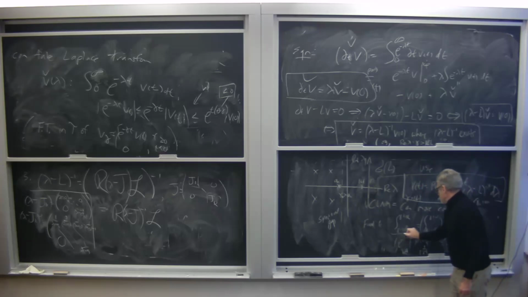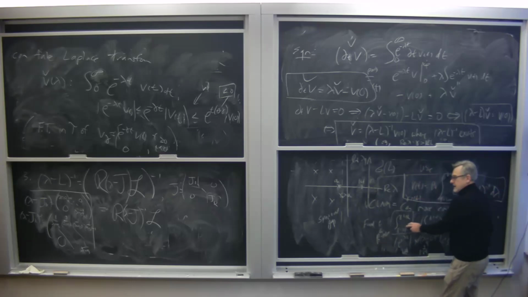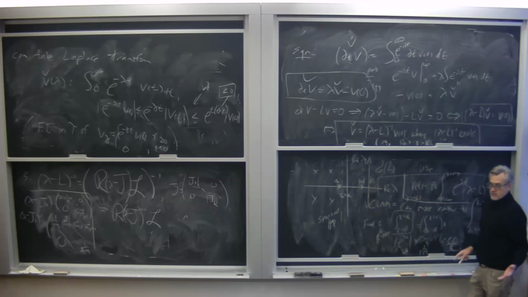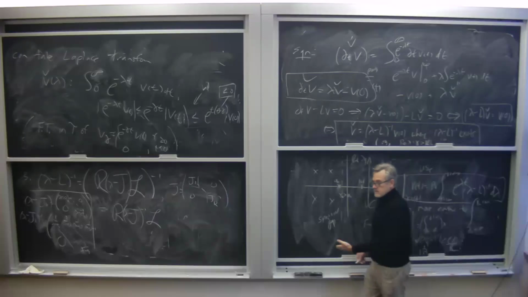Because remember, I'm taking the limit as big R goes to infinity of a bounded contour of size R. I compare the two, and the difference is of size 1 over R. So these limits are equal. If one of them exists, the other does.